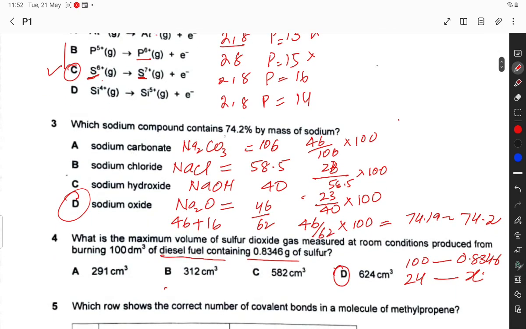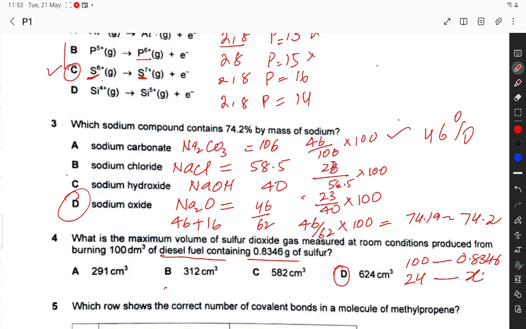Which sodium compound contains 74.2% by mass of sodium? Sodium carbonate is like this. By using this, 46 divided by 100 into 100, 46%.